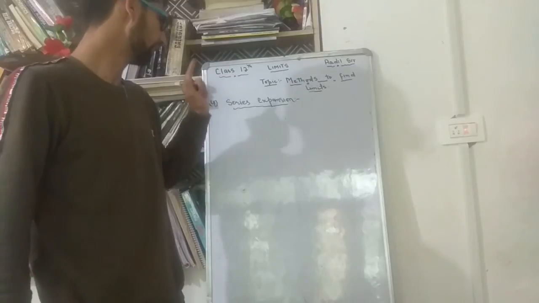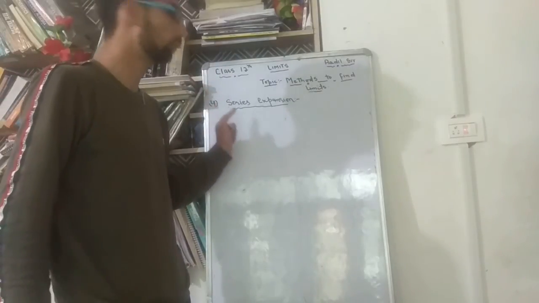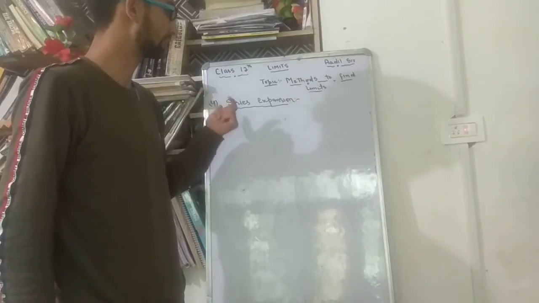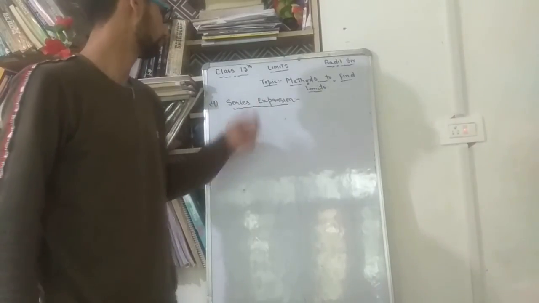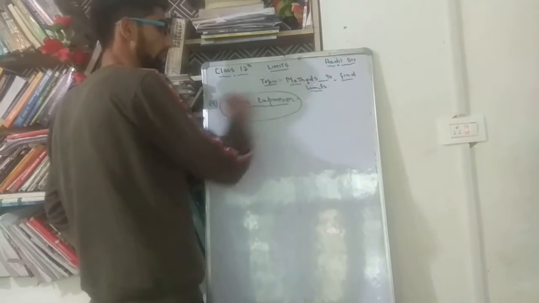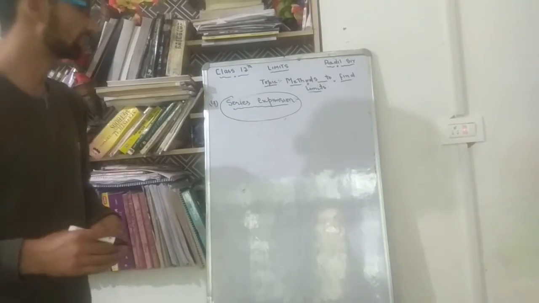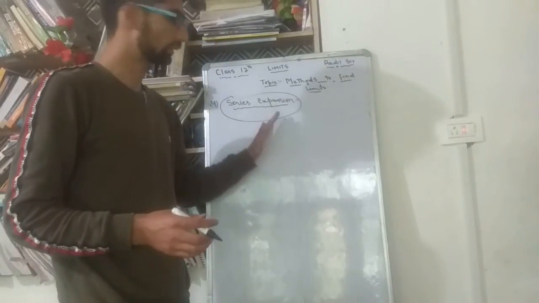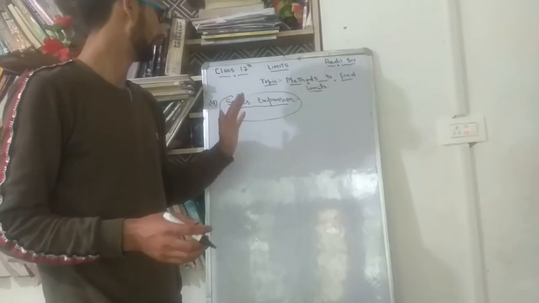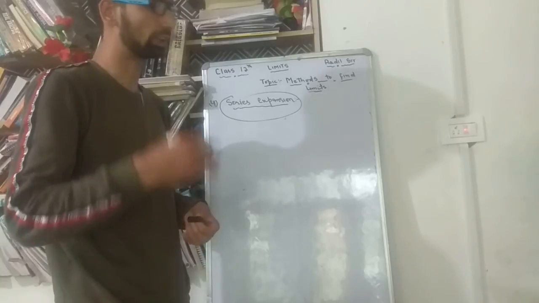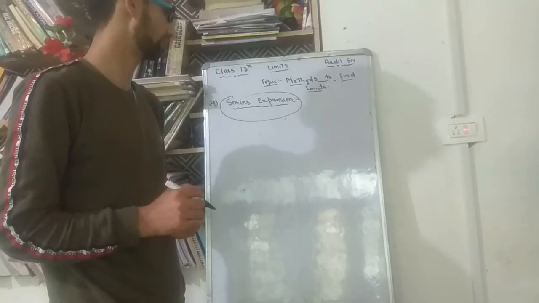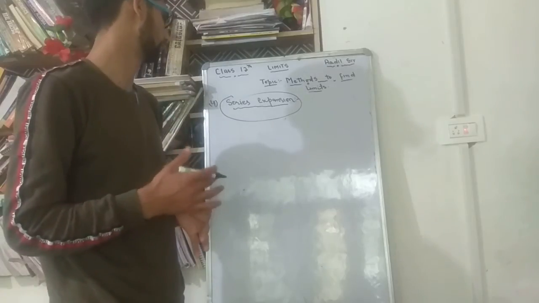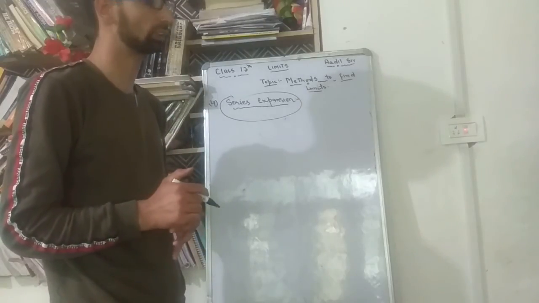But in order to apply this rule, we must be aware of the expansion of so many functions. So this method is complicated, because you have to be aware of the expansion of some functions, and it is not possible for you to memorize all the expansions of several functions.